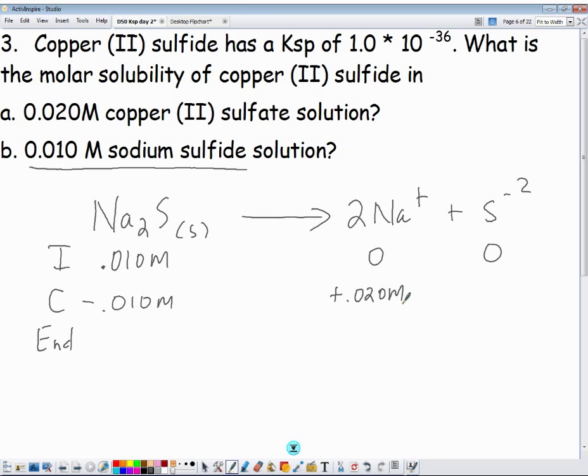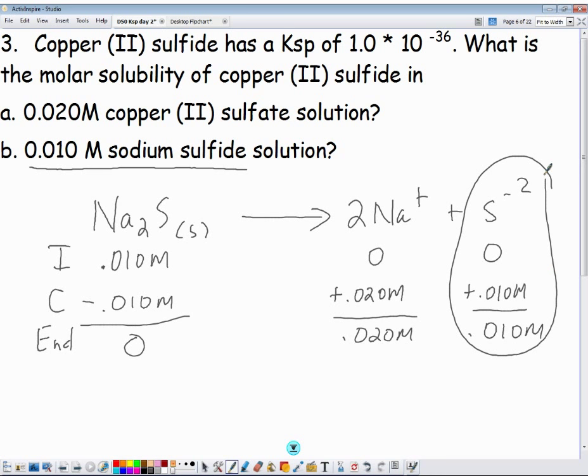And Austin, what do I put under sulfide? 0.01. Did y'all realize you're doing stoichiometry right here? You're doing real life, review old stuff stoichiometry. So this is nothing left at the end. This is 0.02 molar left at the end. And this is 0.01 molar left at the end. And the only part of this that even matters for my problem up here is the sulfide.